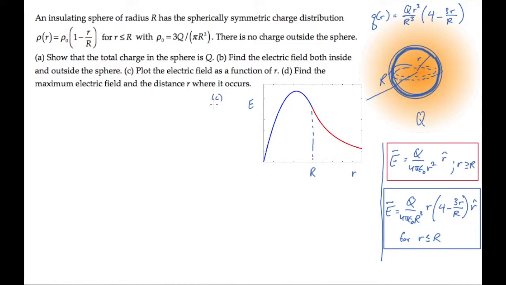These two curves meet where the electric field magnitude has the value Q over 4 pi epsilon naught capital R squared, which for simplicity I'll call E sub capital R.